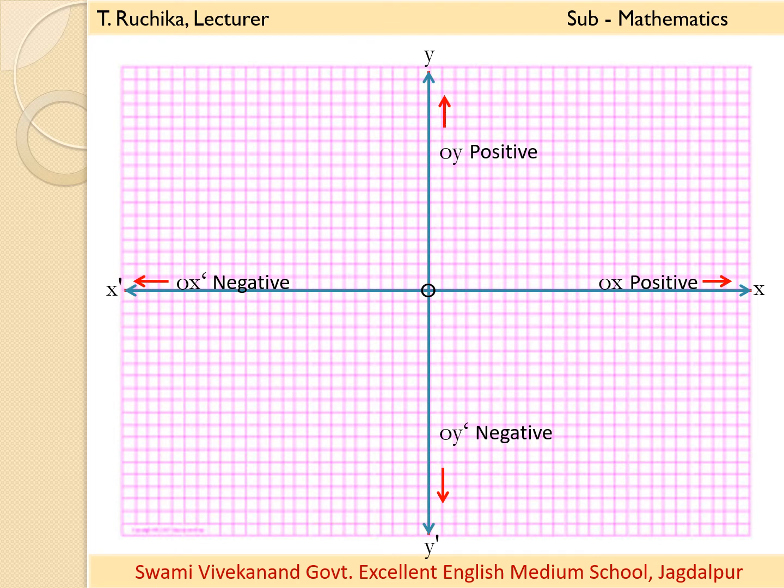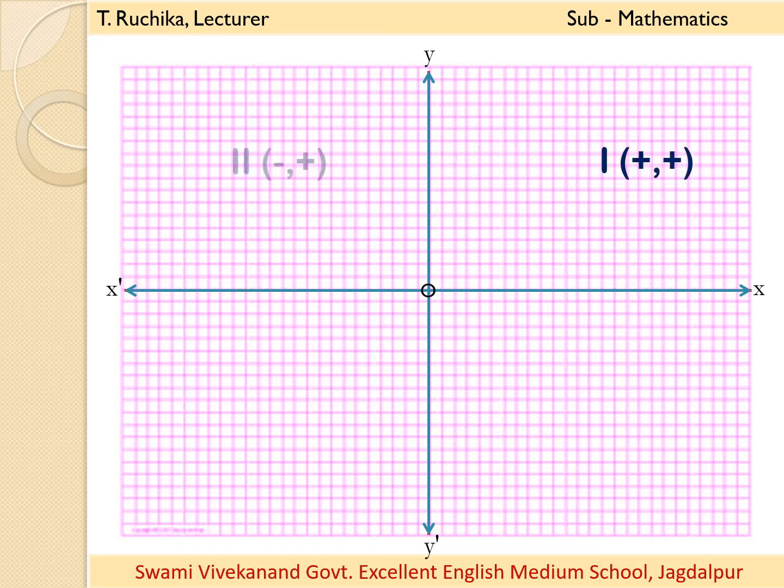These two axes are dividing the plane into four equal parts known as quadrants. The quadrants are named as first quadrant, second, third and fourth quadrant. They are marked in anti-clockwise direction from OX.